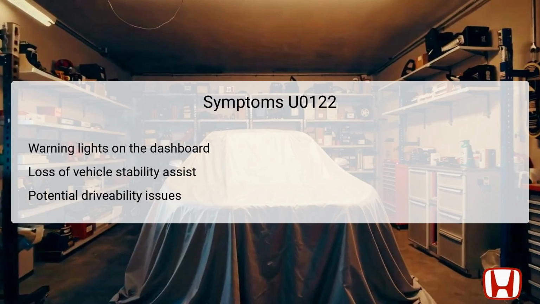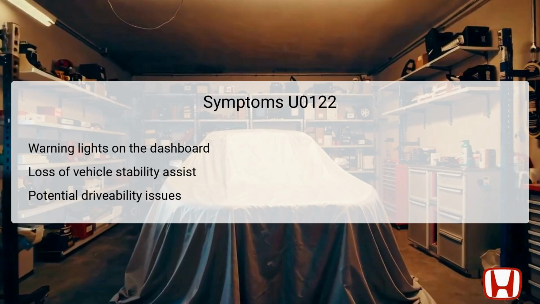When experiencing DTC U0122, a driver may notice several symptoms that indicate an underlying issue. The most obvious symptom is the illumination of warning lights on the dashboard, specifically those related to vehicle stability and traction control systems. These lights signal that the VSA system is not functioning correctly.